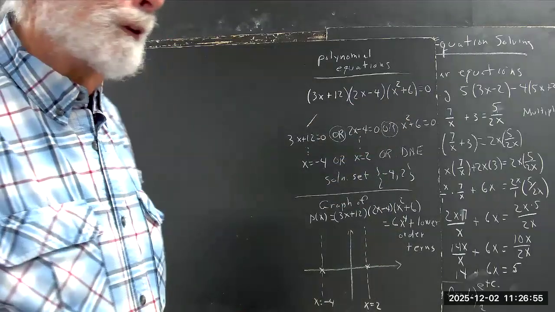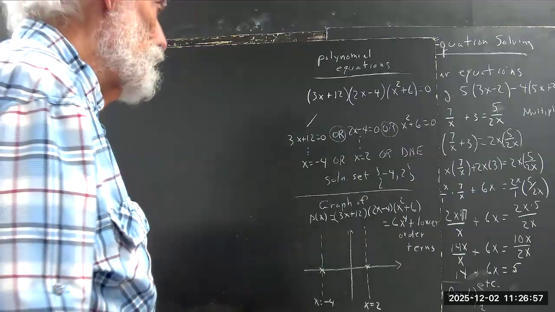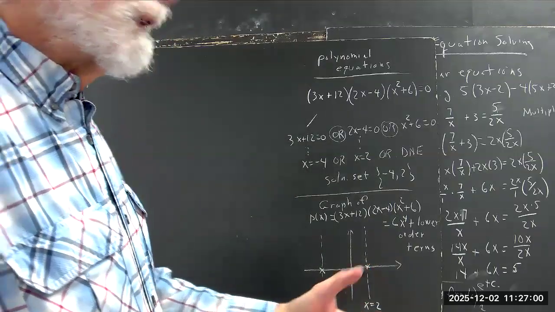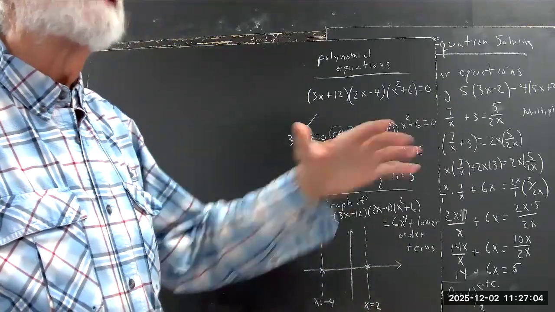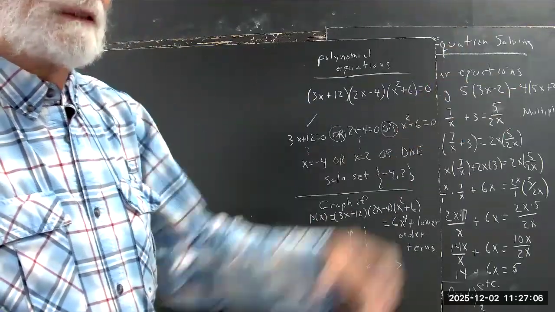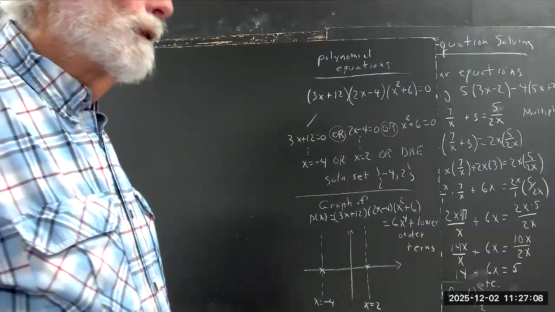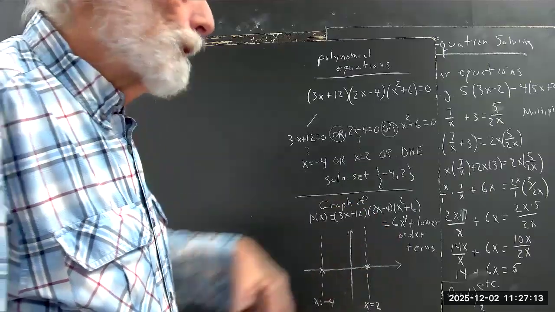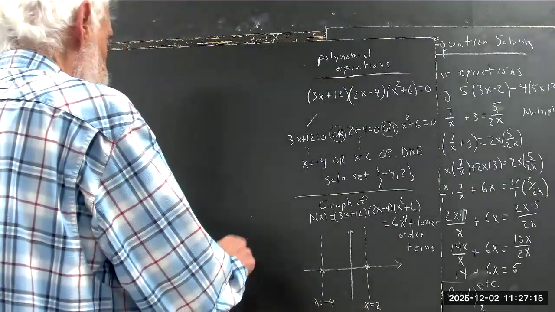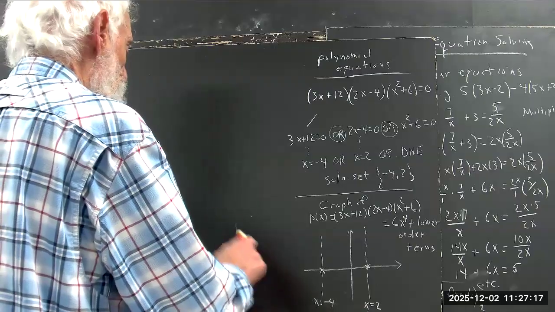And we're looking at the wiggles here. 6x to the fourth is an even power function. x to the fourth is always positive, or it's never negative. It could be zero. If x is zero, it's going to be zero. But it's never negative. It's a power function. So we just make a little sketch here.